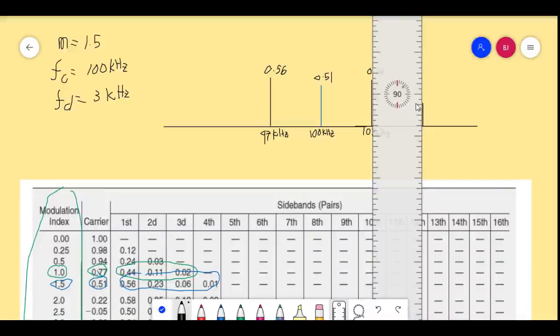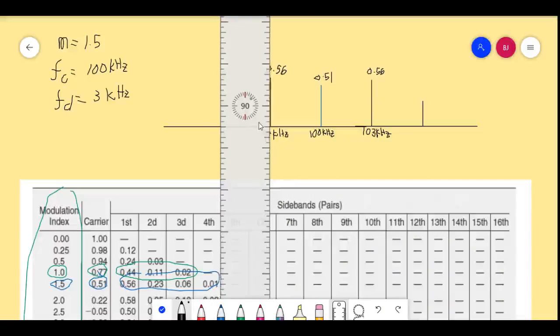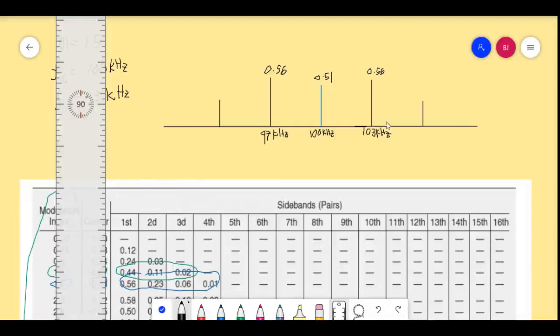So let's just put it around half here. You don't have to be exact, as long as you're scaling it to the values here. So this would be 0.23, and this would be 0.23.